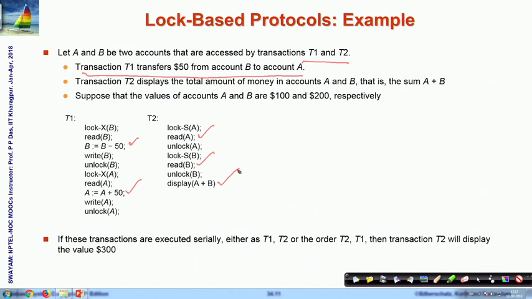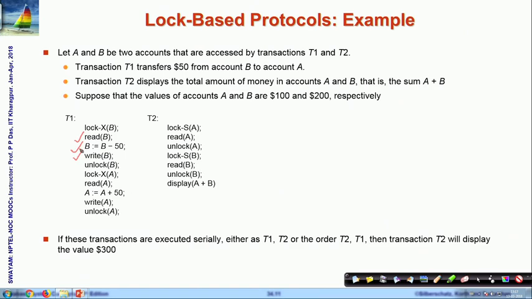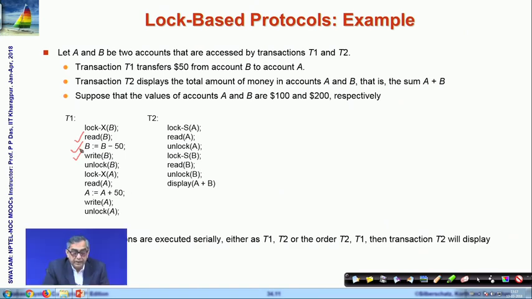So, what will this transaction do? It needs to do the transfer. So, it needs to read B, debit and write, and since it has to read, it must have a shared lock. Since it has to write, it must have an exclusive lock, and if it has got an exclusive lock, it will also be able to read that data.